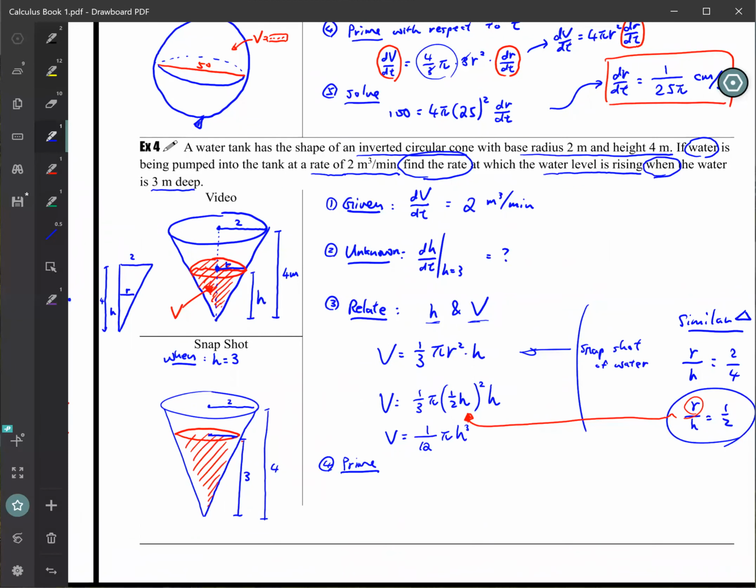Anyone has trouble taking derivative? Please raise your hand if you finish the prime.